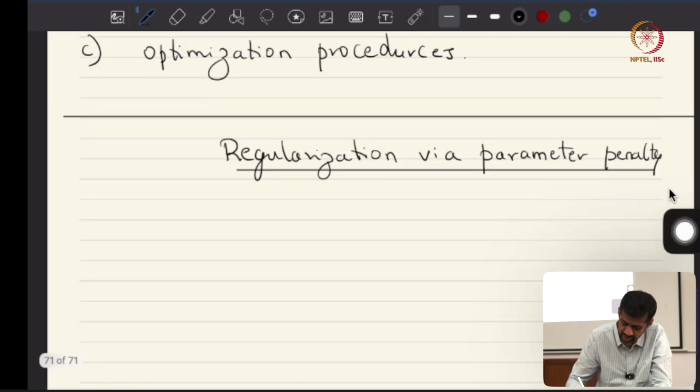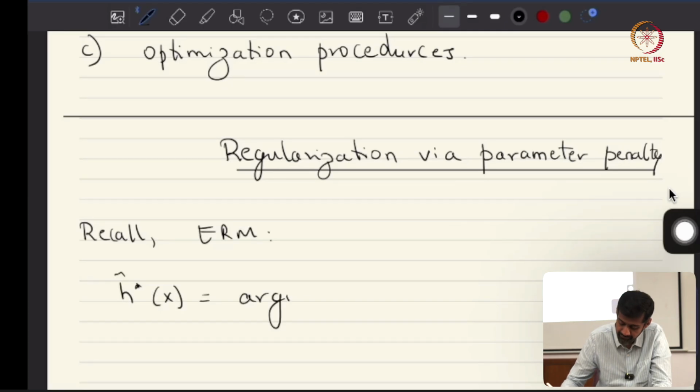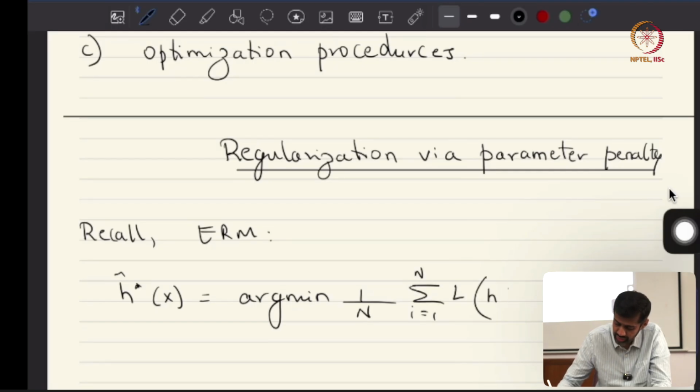So what is ERM? Recall that ERM is that you find a function h star of x as the minimizer of the empirical risk. So choose some loss function, and this is over h of x comma y.